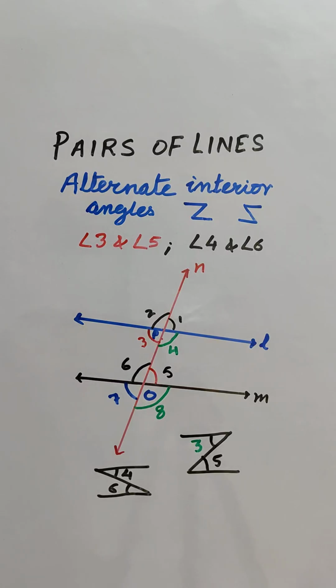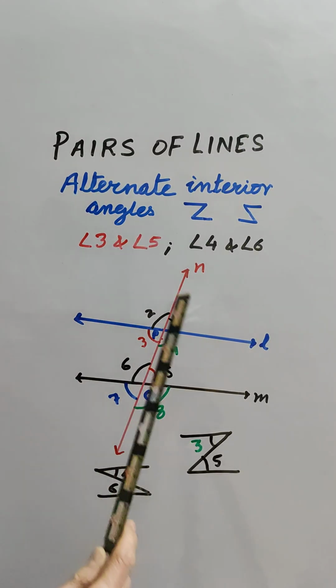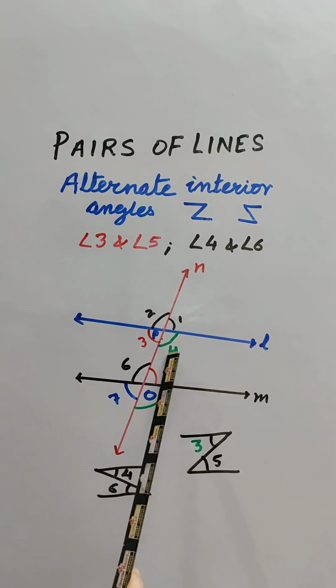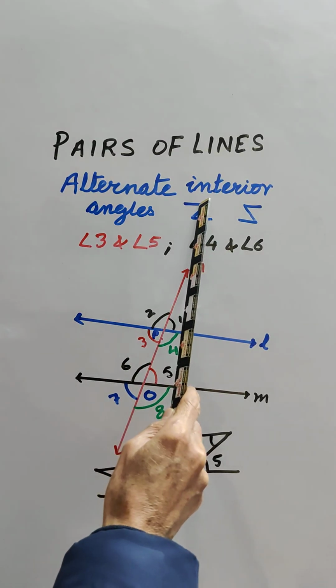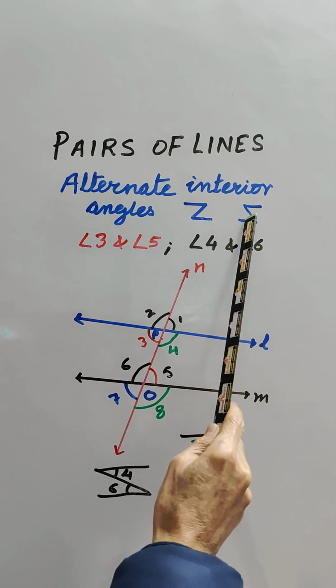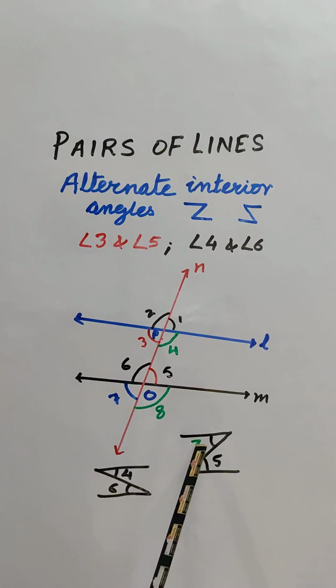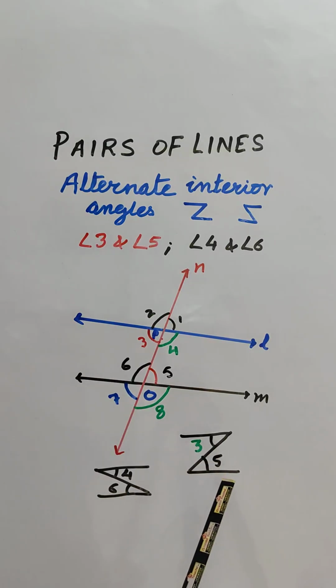Thus, angle 3 and angle 5, angle 4 and angle 6 are pairs of alternate interior angles. They form a Z-like structure. So 3 and 5 are forming like this, and 4 and 6 are forming like this.